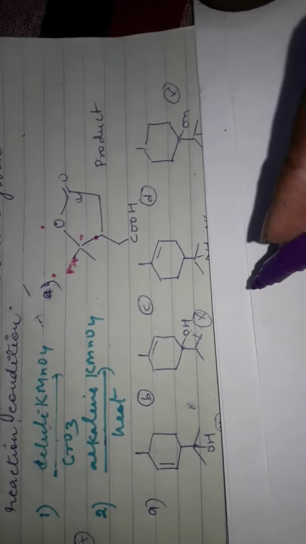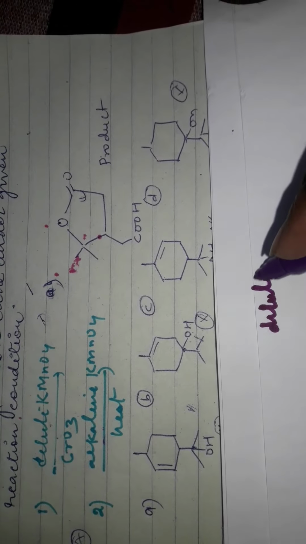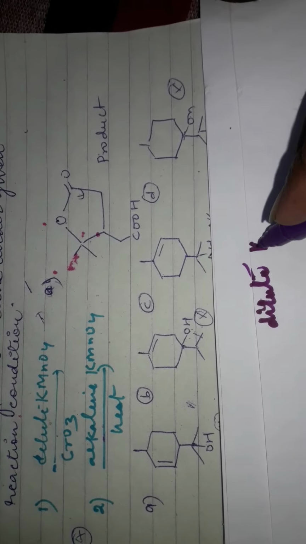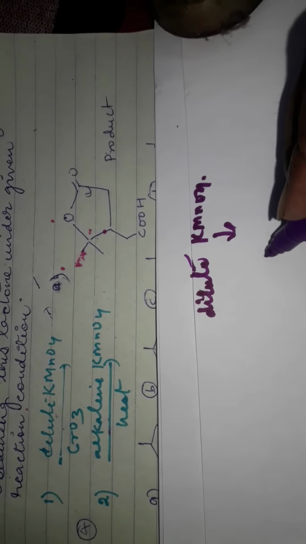So first of all, what is the function of dilute KMnO4? If there is an alkene, it forms a cis 1,2 diol.